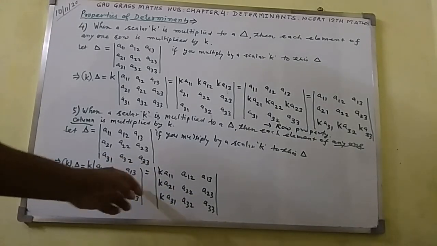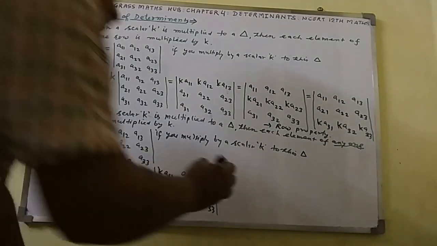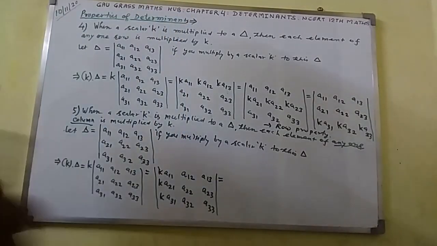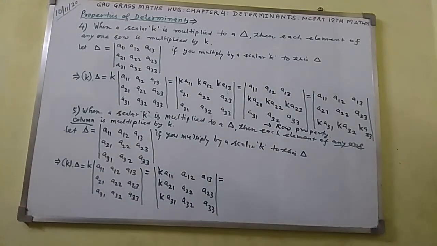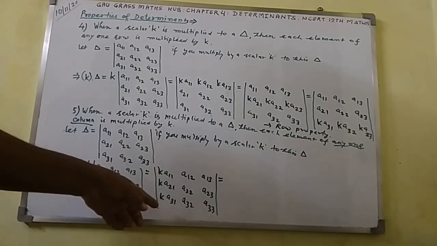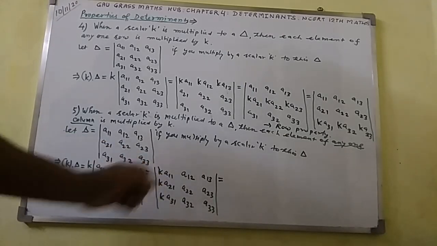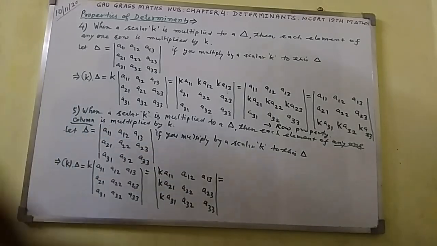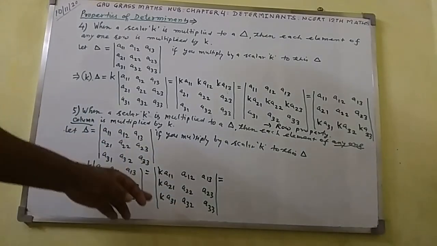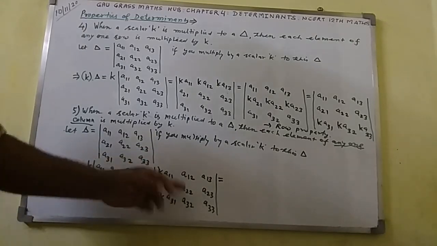This will remain the same. Now this will equal, you can see the scalar k is multiplied to each element of the first column. In this form, the scalar k will multiply to each element of the second column.